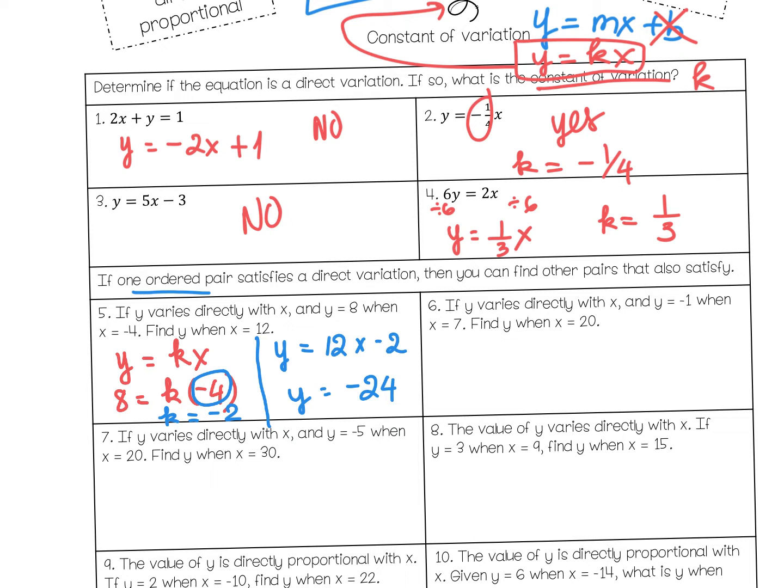Find y when x is 20. We do the same thing: we need to find k first, and we know y equal to kx. So y is -1, k we don't know, x is 7. We need to isolate the variable k, so we divide by 7 on both sides.